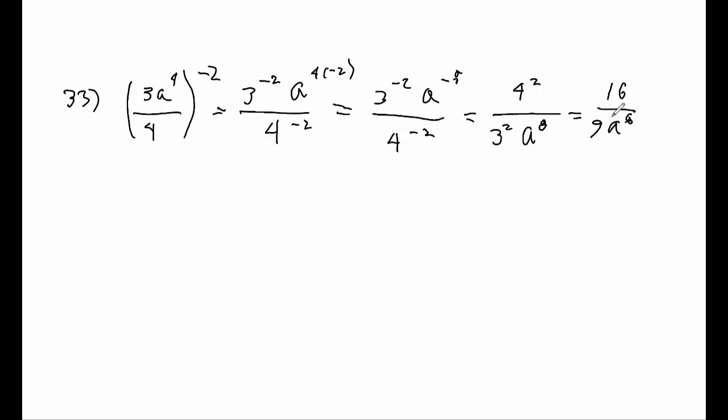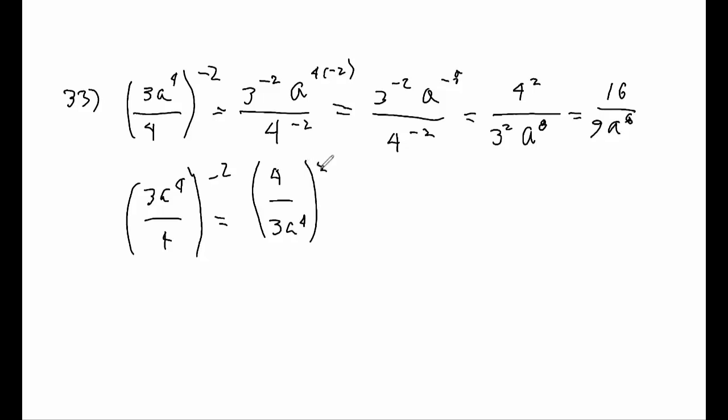Now the other way I can do it with a little bit of a shortcut, seeing that I have a quotient inside the bracket and I have a negative exponent on the outside: I have 3a to the 4th over 4, and that's going to be equal to, to the negative 2, and now what I can do is say 4 over 3a to the 4th, and now it's to a positive 2.